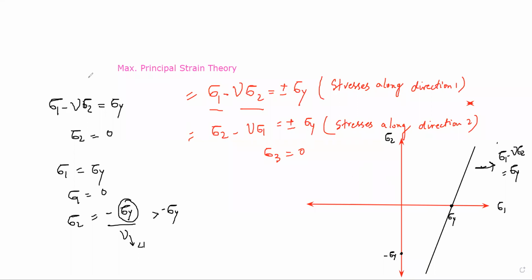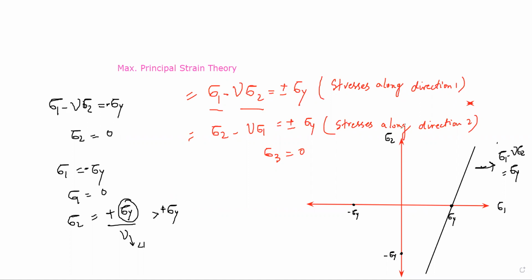Now let's go to the next case, when sigma 1 minus nu sigma 2 is equal to minus sigma y. The same condition: when sigma 2 is equal to 0, sigma 1 is equal to minus sigma y. Minus sigma y is somewhere over here. And when sigma 1 is equal to 0, sigma 2 will be plus, greater than plus sigma y.